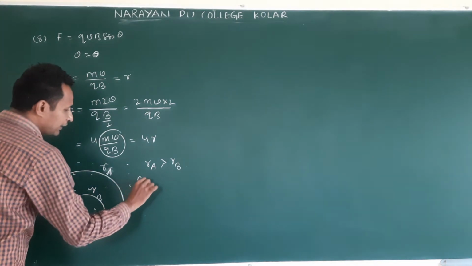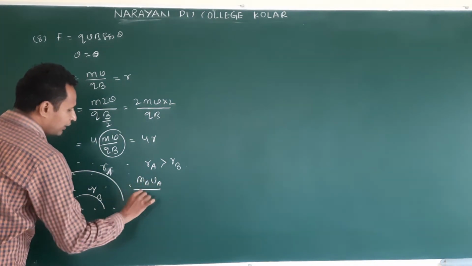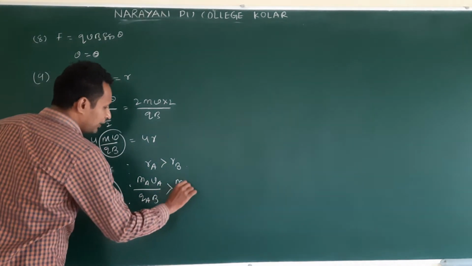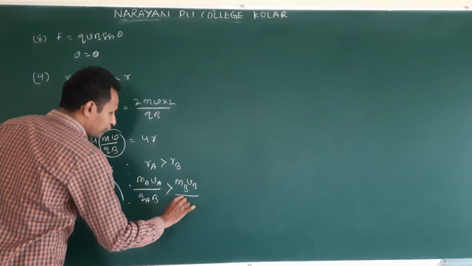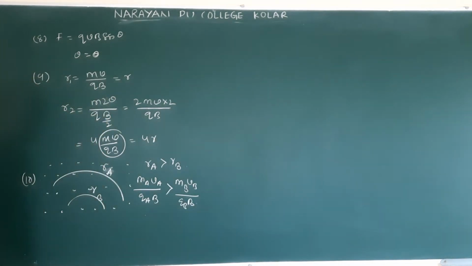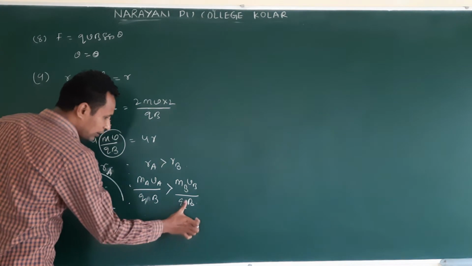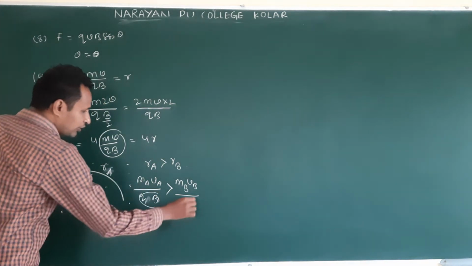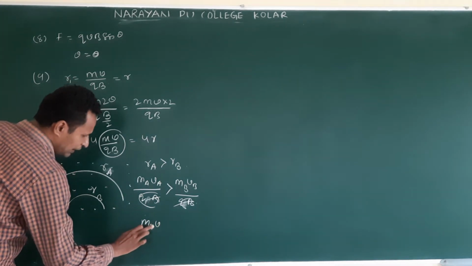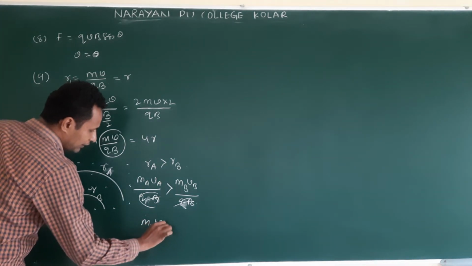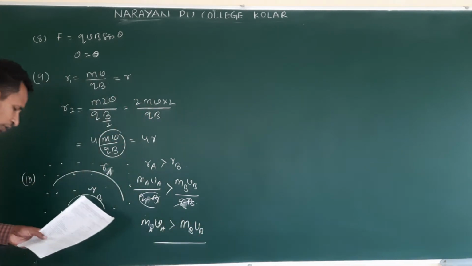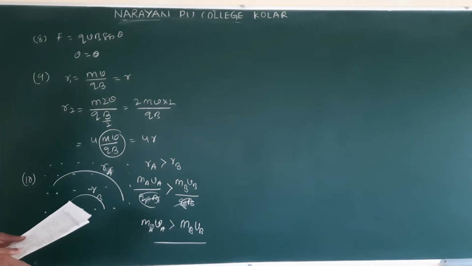So I can write MA VA by QA B greater than MB VB by QB B. But they mention the charges remain the same, so these two are the same, which means you can cancel. What does it mean? MA VA is greater than MB VB. Clear? Next, 11th one.